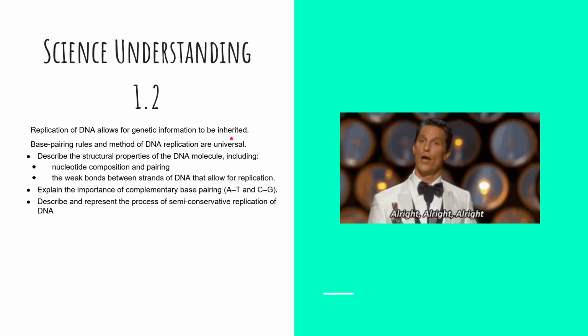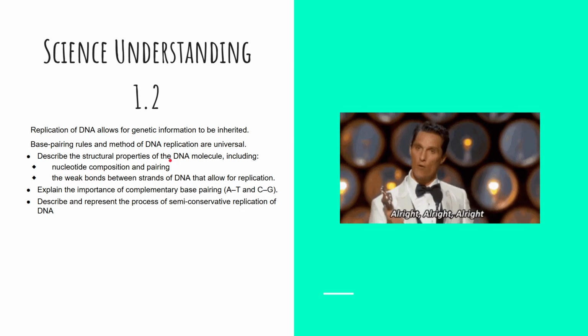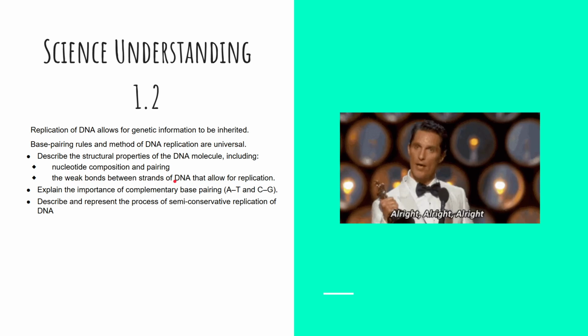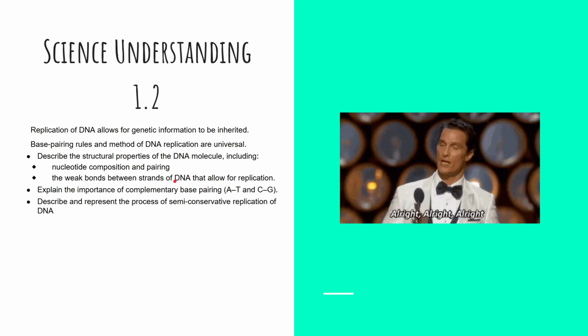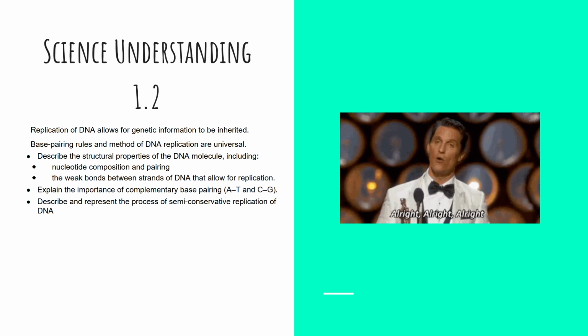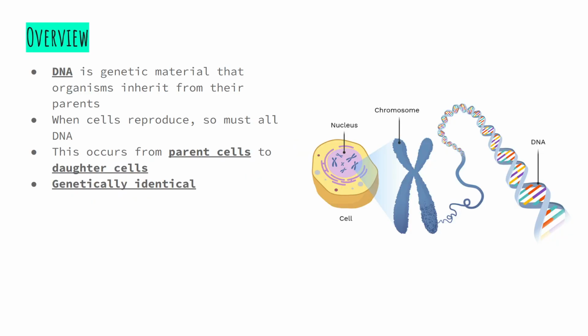Describe the structural properties of the DNA molecule, which we should be able to do already. This includes the nucleotide composition and pairing, and the weak bonds between the strands. This is explaining the importance of complementary base pairing, as well as describing and representing the process of semi-conservative replication of DNA. Let's get into it.